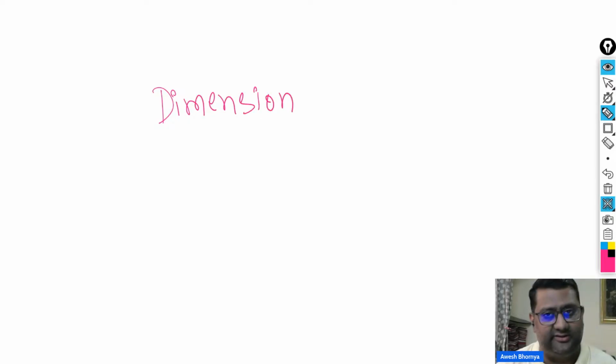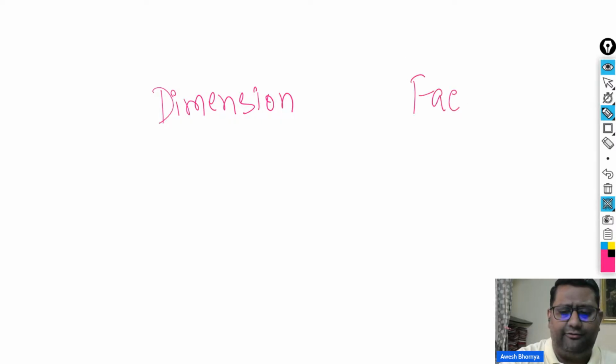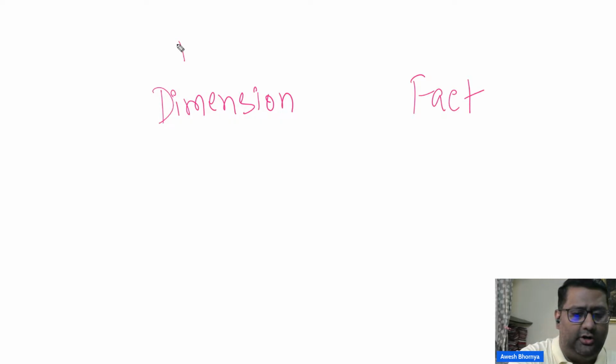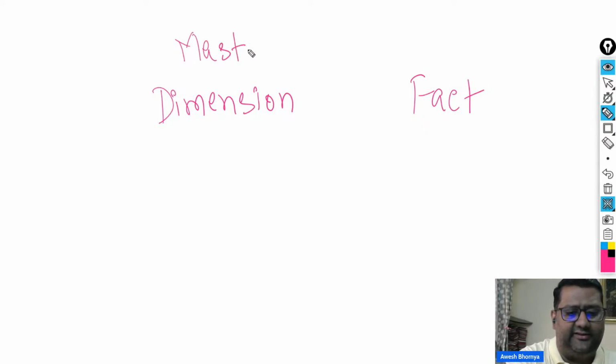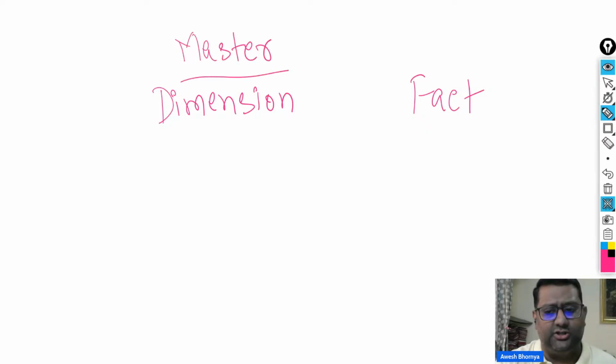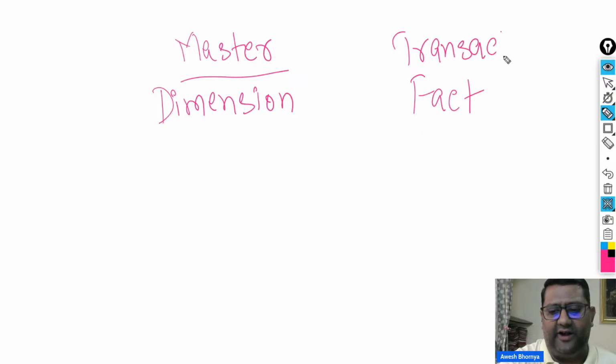In the Power BI terminology, you call your master tables as dimension tables, whereas you call the transaction tables as fact tables. So all your masters are called dimension tables, whereas your transaction tables are called fact tables.